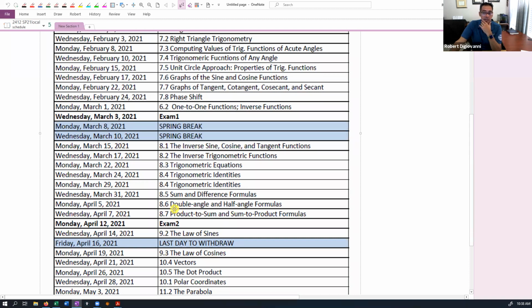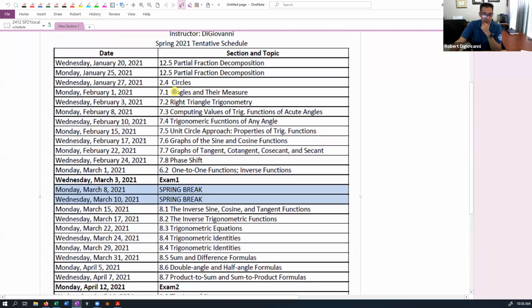Potentially 10 sections on this test. That's quite a bit. We only had 8 on the first one. So start reviewing. If you're comfortable with everything, just go back, because we're going to go all the way back to 7.7 to test on.